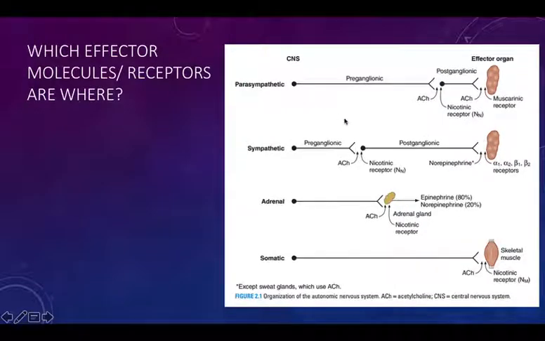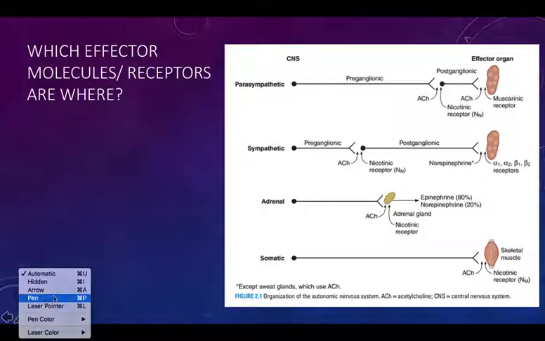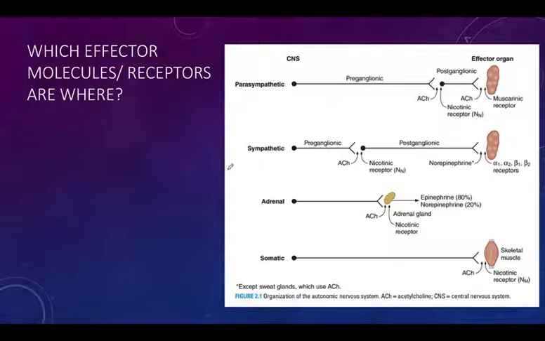All right, the next thing I want to talk about is the difference in the effector molecules. And what I mean by effector molecules is the neurotransmitters. One thing you can know right away is to ask yourself, what's the same?